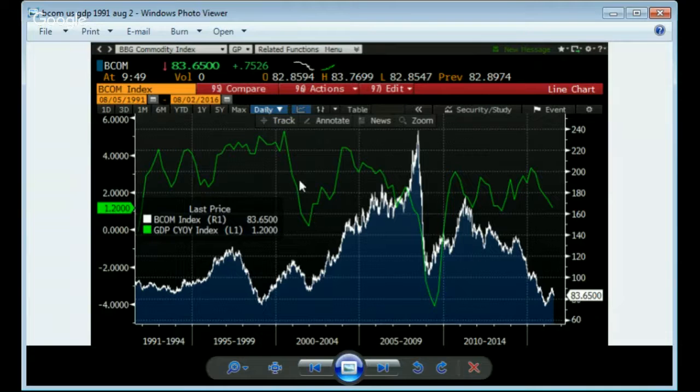You can see that the variation, even during the recession of 2001, was relatively muted. The Bloomberg Commodity Index and commodities in general, during that period, were tied largely to use.